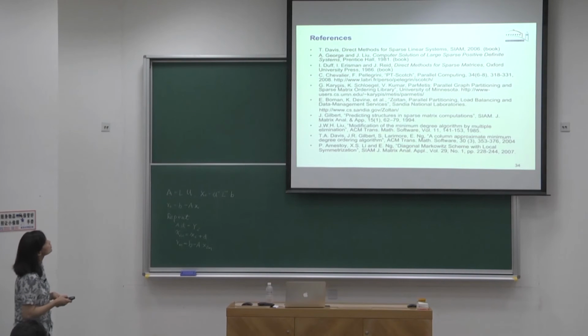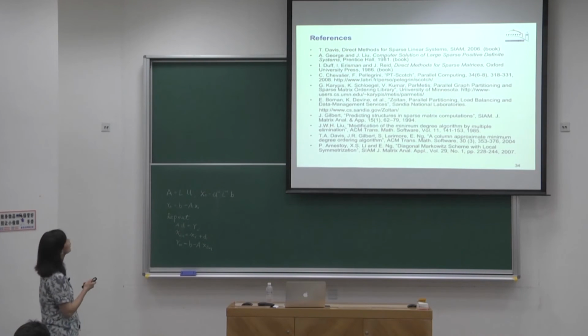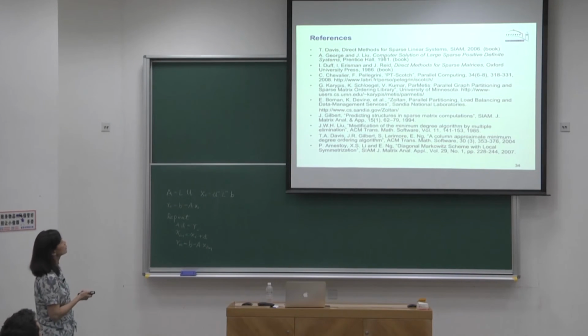And then the references. I'll just point out there are 3 books talking about sparse direct methods. These are the first 3 books. This book is very good for talking about reachable set. And of course, Alan George invented nested dissection, so that's a classical book.